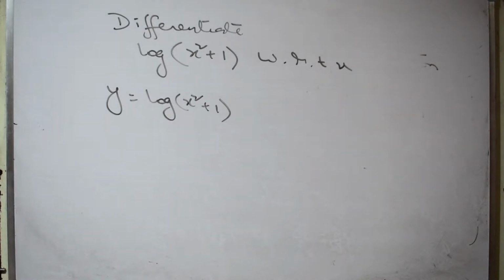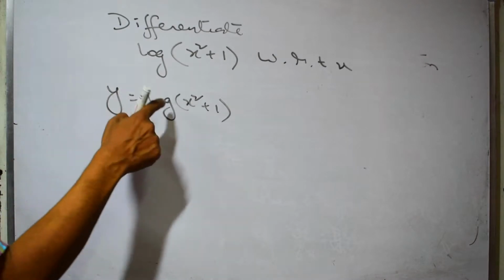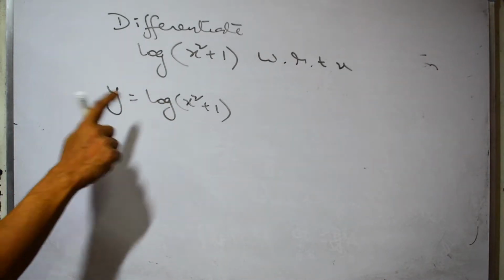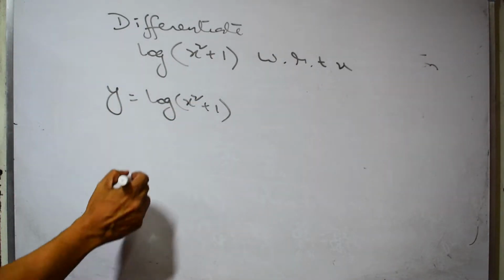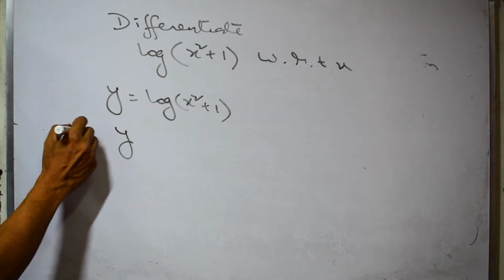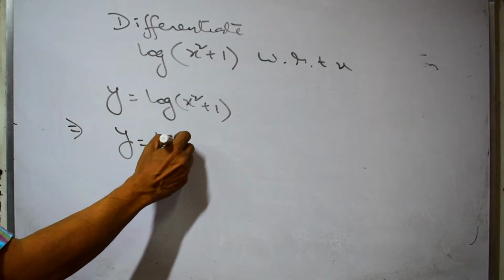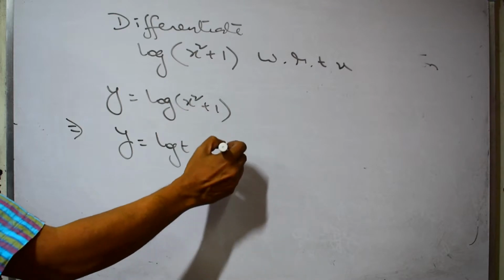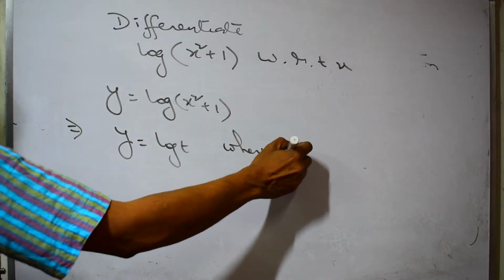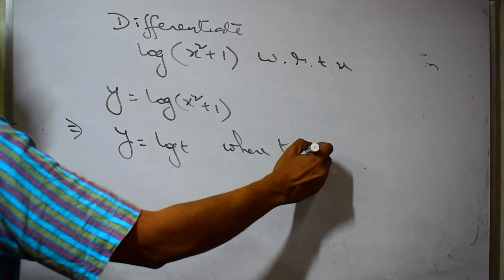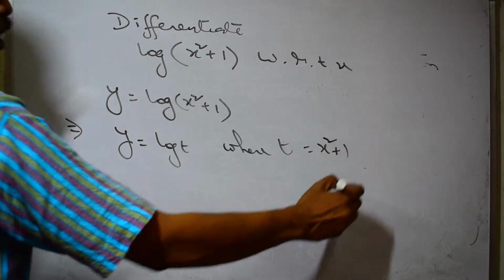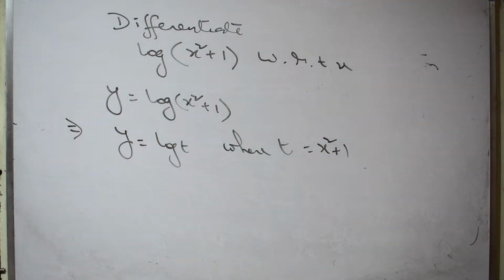It is linked to x square plus 1. That means y is a function of log, and log is a function of x square plus 1. So we can write y is log t. And t, we are assuming, is a function directly of x. So y is linked to t and t is linked to x.